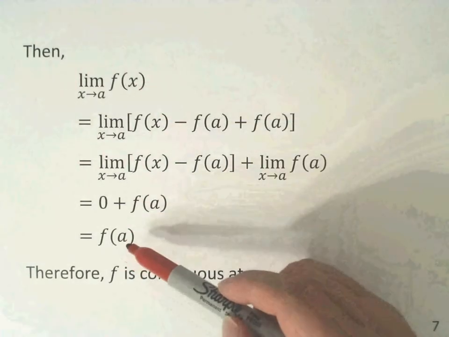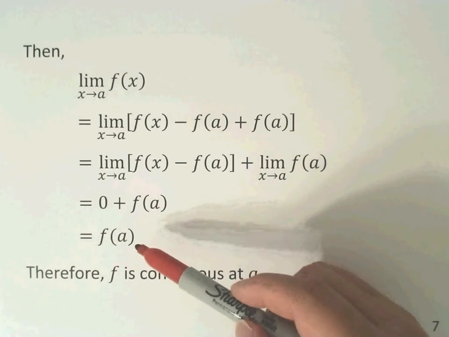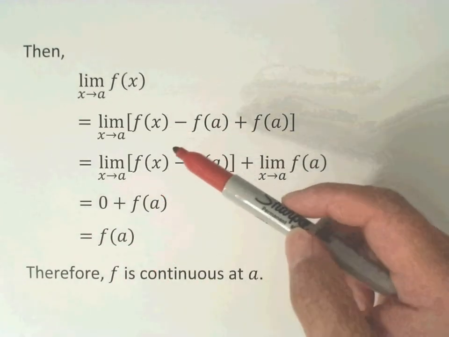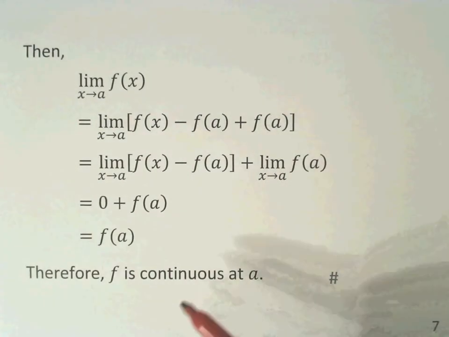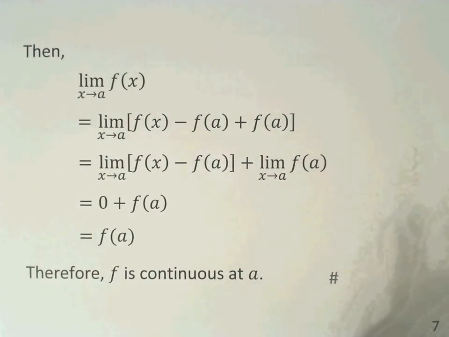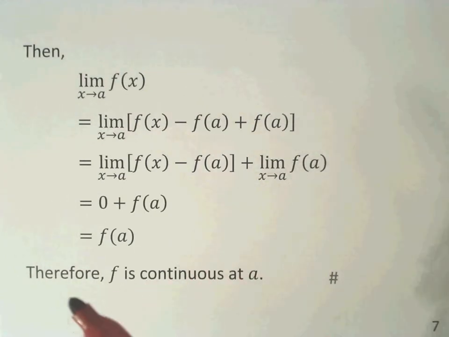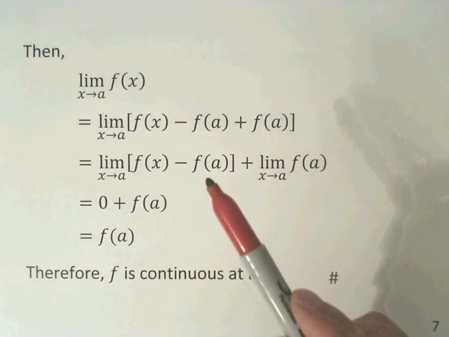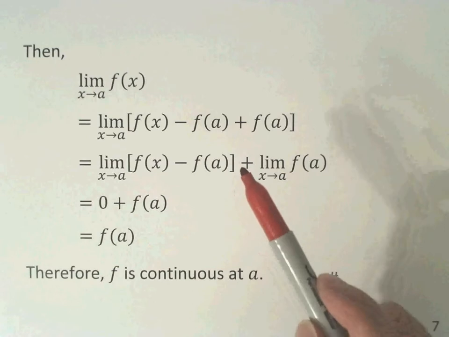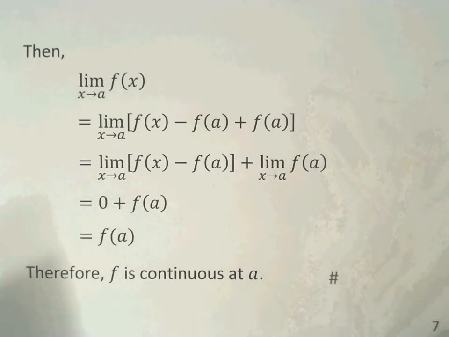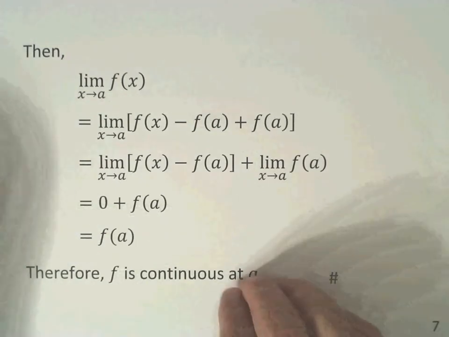Second, the limit exists. Yes, it exists. Equals what? The value of the function at a. Therefore, the 3 conditions are satisfied. Therefore, it is continuous. So far we have the result: if the function is differentiable at a number, then the function should be continuous at that number, right? Okay.